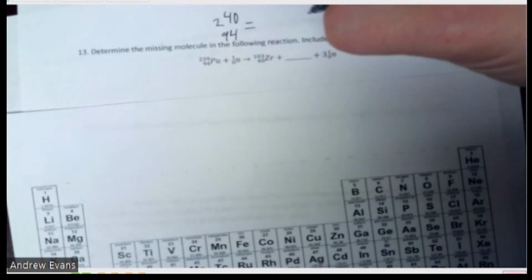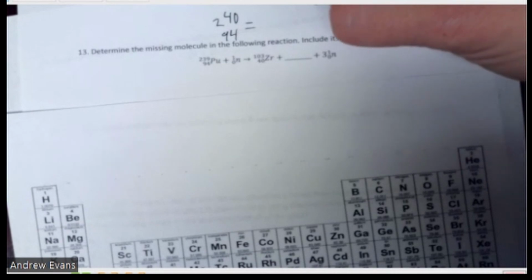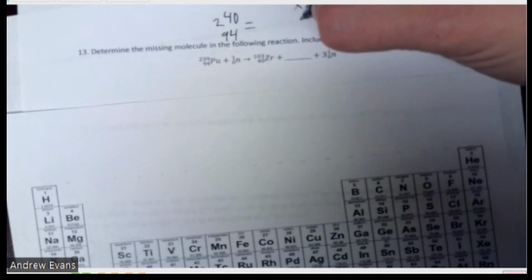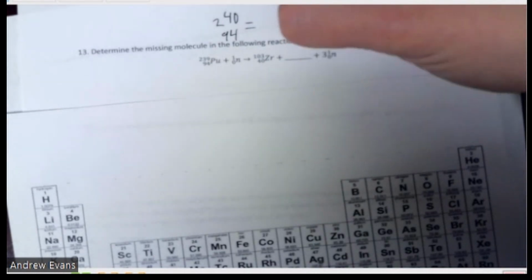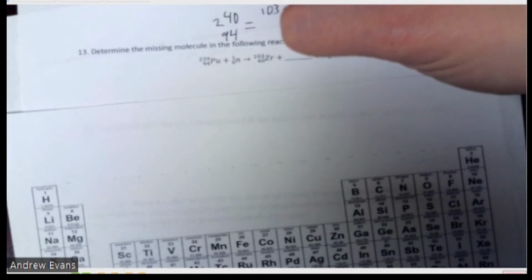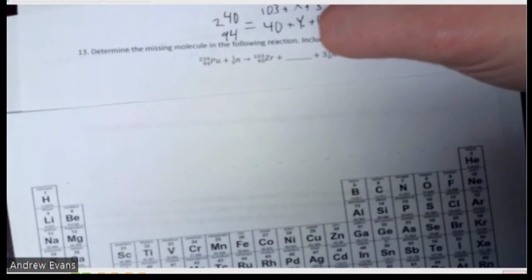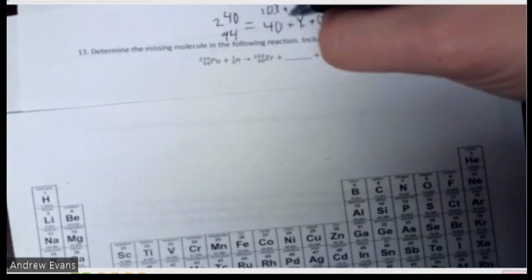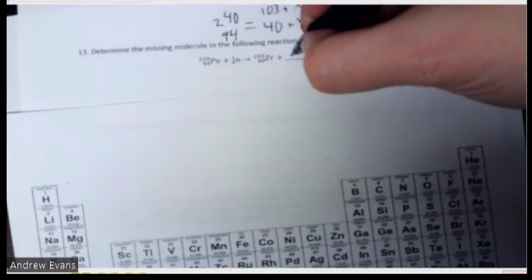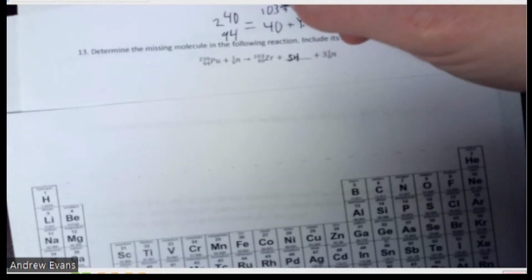That must equal 3 times 1 is 3, plus x plus y plus 103 plus 40. So 40 plus y plus 0 is 94.